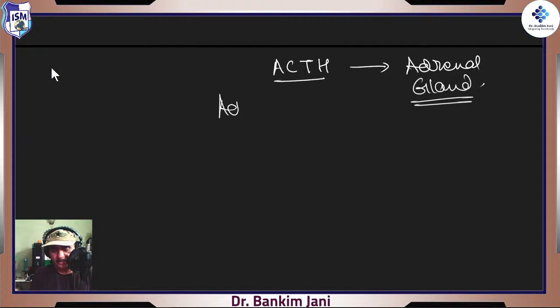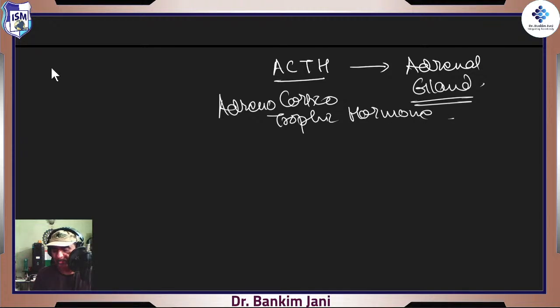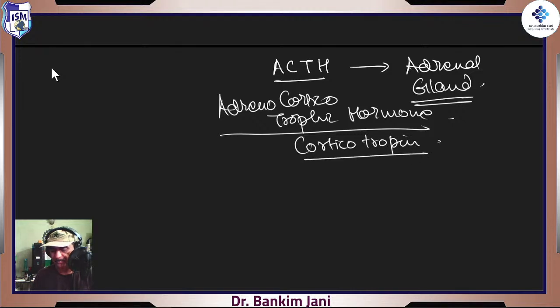So here, adrenocorticotrophic hormone, right? Adrenocorticotrophic hormone, or it is also called corticotropin. It's one and the same thing, right? Corticotropin is also the same thing. Now these are all peptide hormones, right?